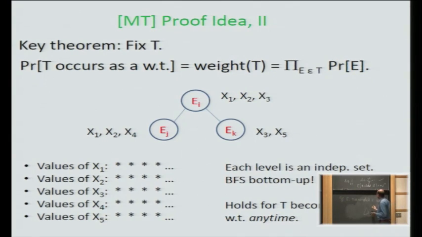It's the expected number of times you get a tree with root equal to E_i, which is the sum over all possible witness trees with root E_i of the probability that it appears in your list, which is this, right.